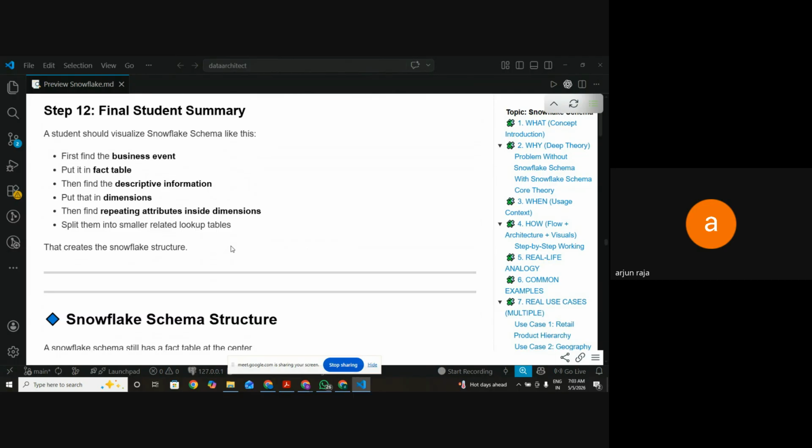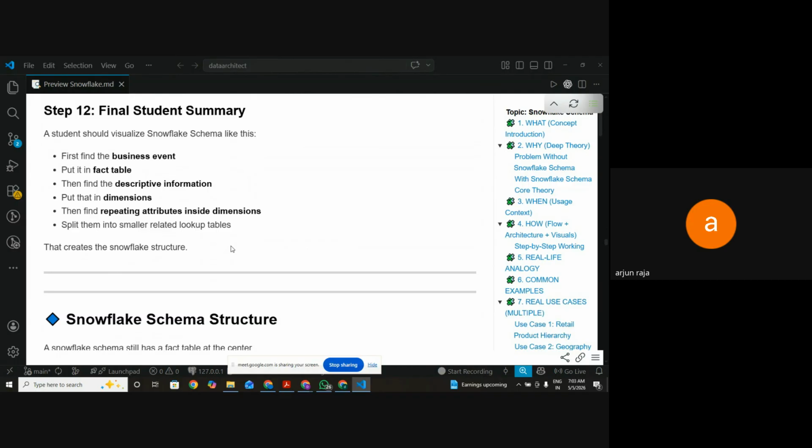Finding the descriptive information means, for example, we want to get the customer details from the customer ID. So what details are we going to store? Then we want product details. The product details we also took, and the customer, product, and department, we split them.